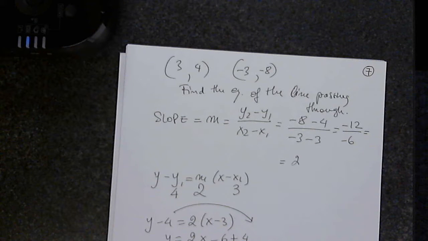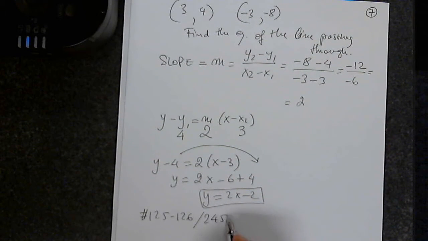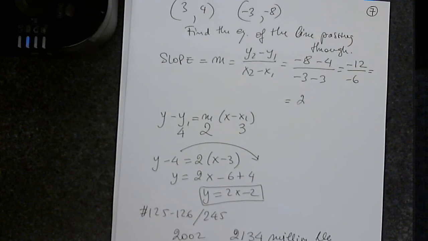I'm looking for a word problem, and I found one. Yogurt is an ever more popular food item. These are problems 125 and 126 on page 245. In 2002, American dairy affiliates produced 2,134 million pounds of yogurt.